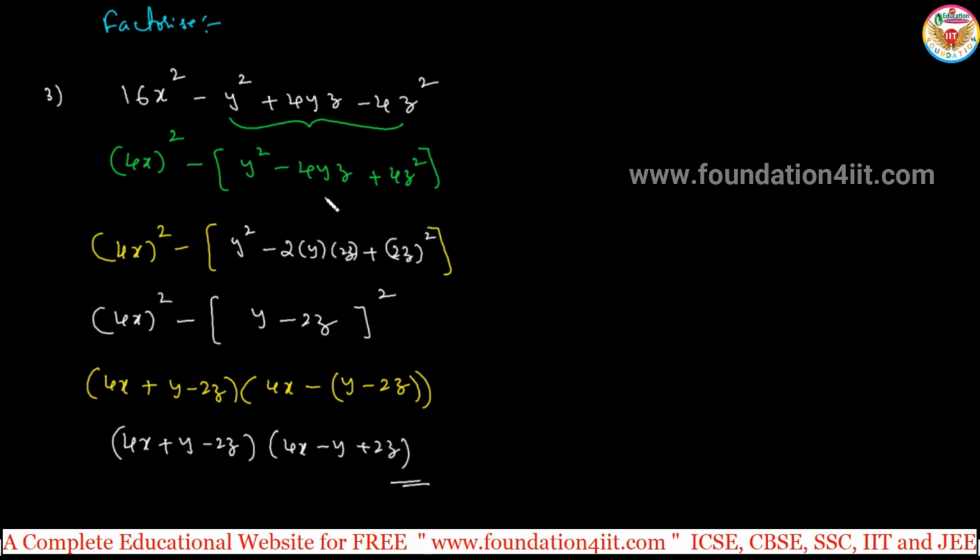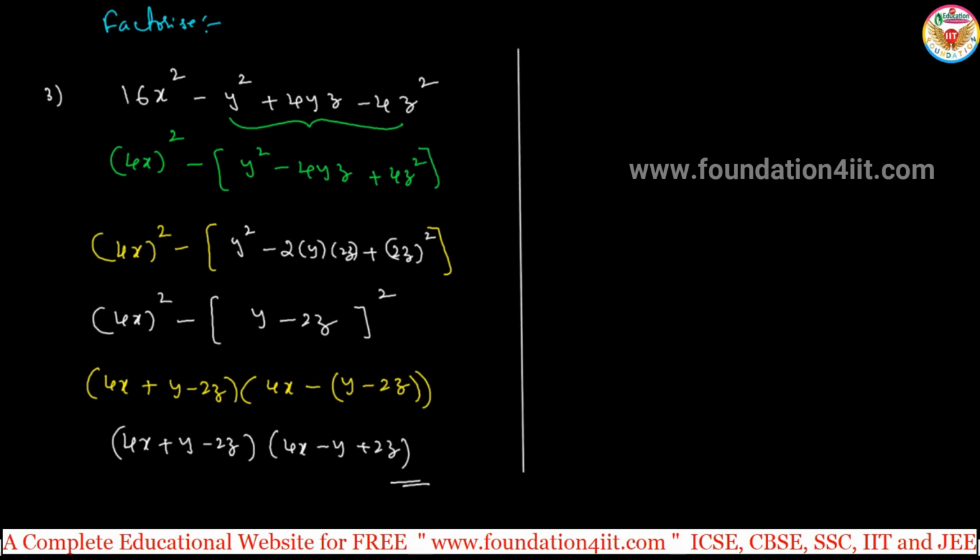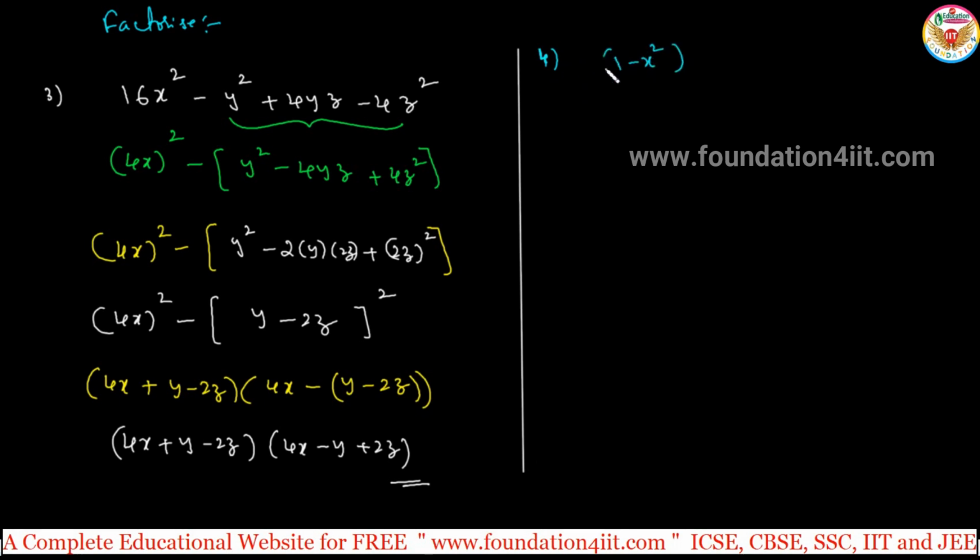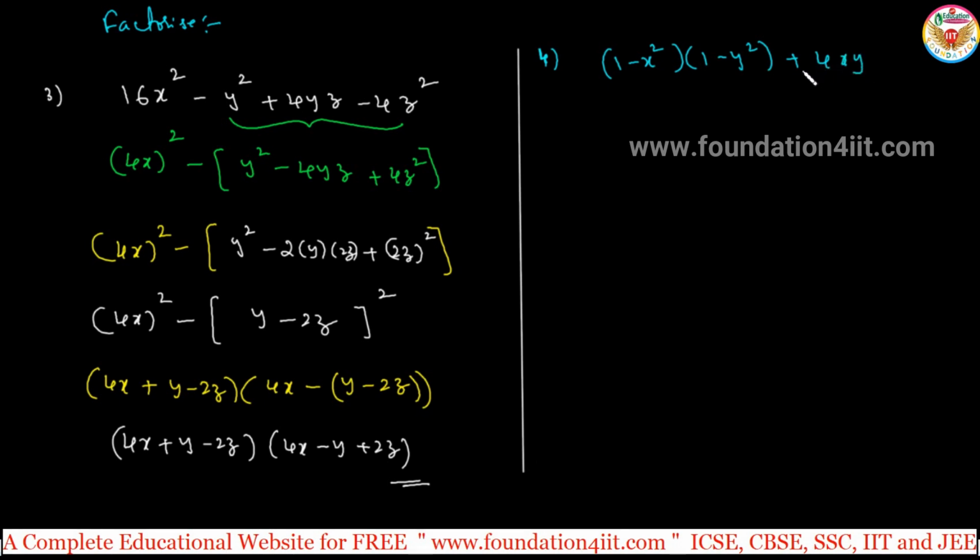Let me take one more example from this same concept, so you can have a clearer idea, and then you can do any type of question on the difference of the squares of two numbers. The problem is 1 minus x square into 1 minus y square plus 4xy. First we have to simplify and expand 1 minus x square into 1 minus y square.